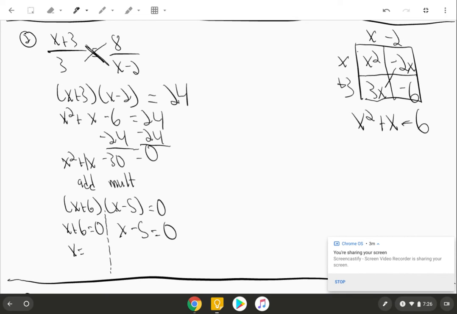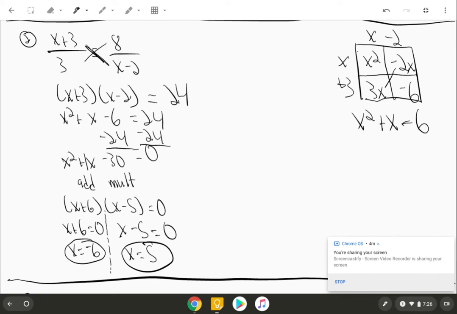That's going to give us x equals negative 6 as one of my solutions. x minus 5 equals 0. That's going to be x equals 5 as my other solution. If you had chosen to use the quadratic formula, you should end up with the same two solutions, negative 6 and positive 5.